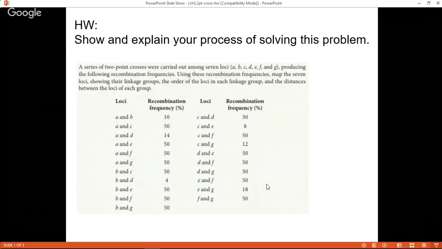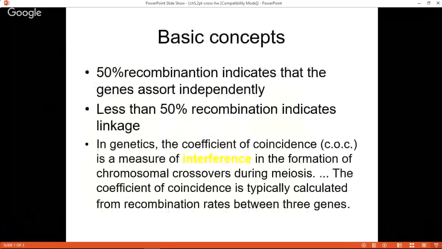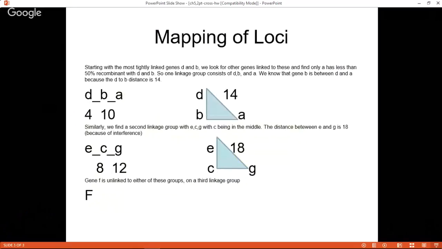Now, we have B and D. Starting with the most tightly linked genes is D and B. And so we look for other genes and find only A has less than a 50% recombinant with D and B. So one linkage group consists of D, B, and A. We know that gene B is between D and A because the distance of D to A is 14.